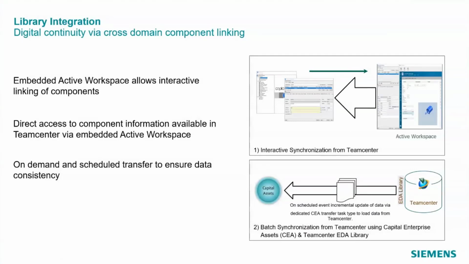To achieve this, there are both interactive and automated ways to establish that link. The interactive association and synchronization is achieved by embedding the Active Workspace into our Capital library application. That gives the librarians in Capital the ability to navigate to the relevant components in Teamcenter, either to initially establish the relationship or to update the Capital component attributes based on the latest data held in Teamcenter.